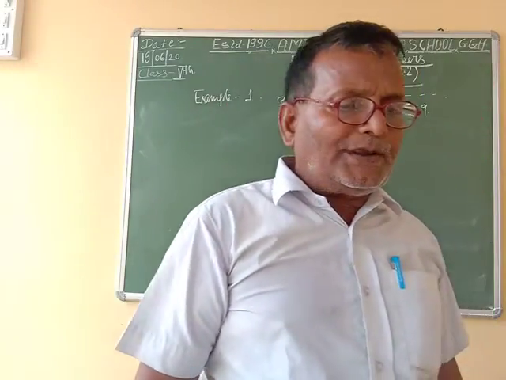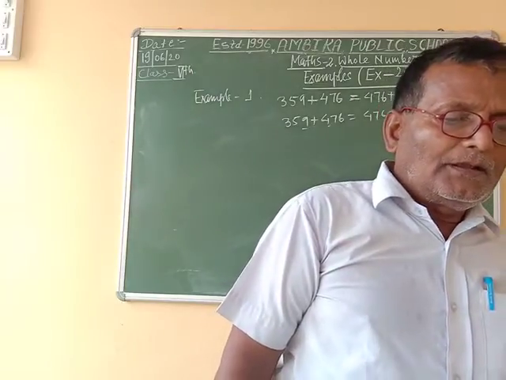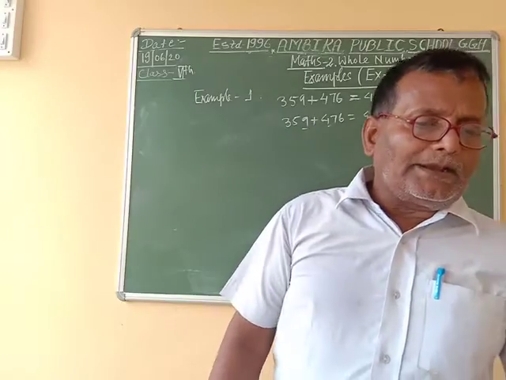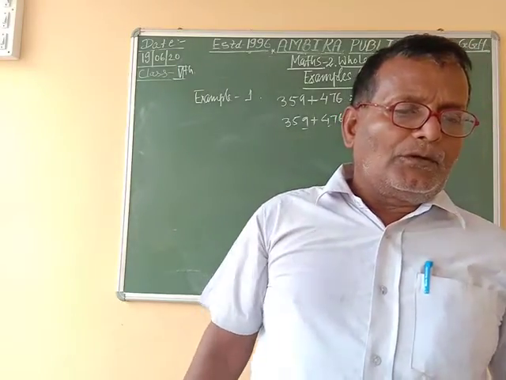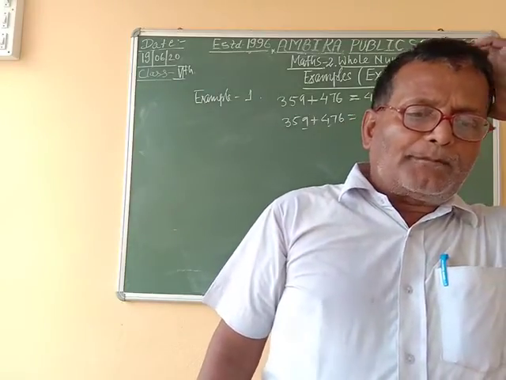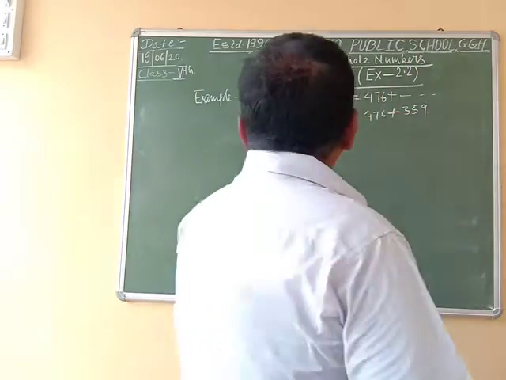Example number 2. Add each of the following and also add them changing their order. Example 2 says to add the following numbers and then find the sum again by changing their order.